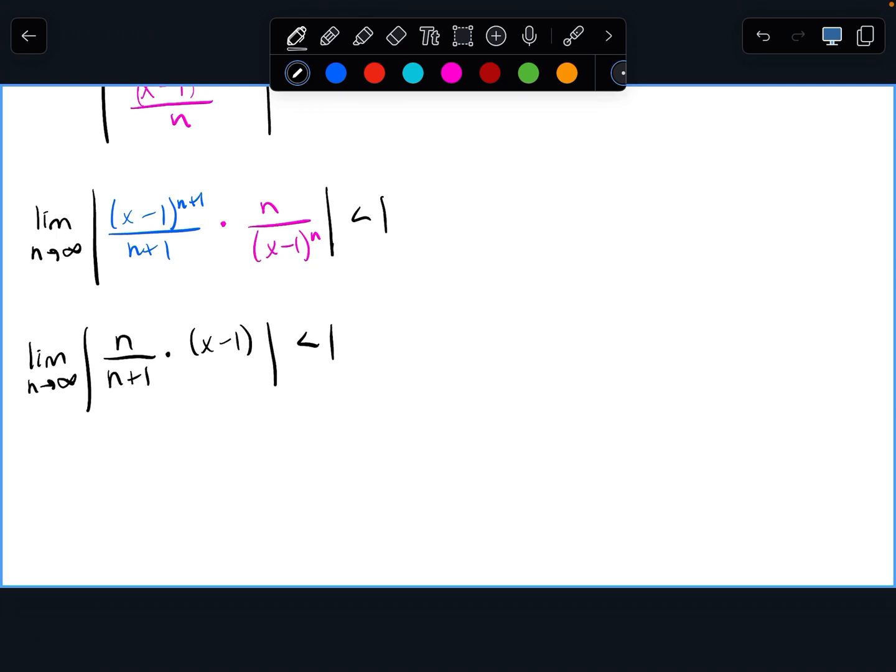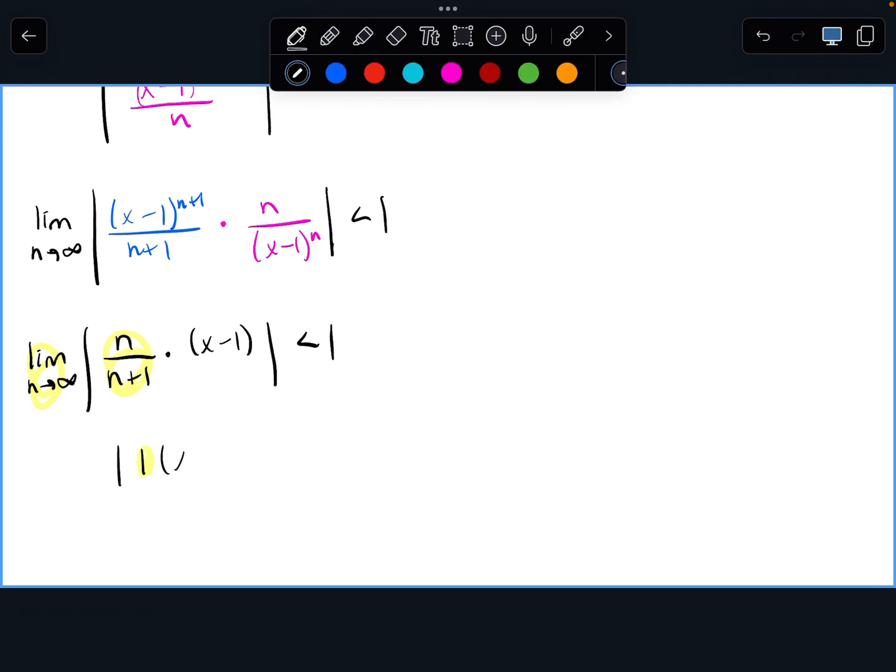So again, this is just me. You don't have to do this. I usually like to put all this n stuff over here because when you're doing the limit, you don't even touch this because there are no n's over there. So what you're doing is taking the limit of this guy, which is just 1, right? So you end up getting, well, maybe I'll just write 1.